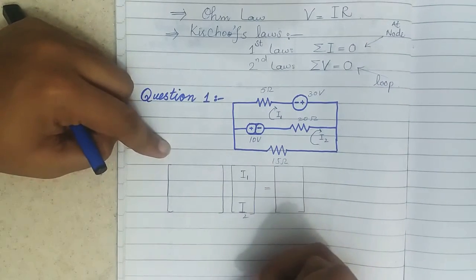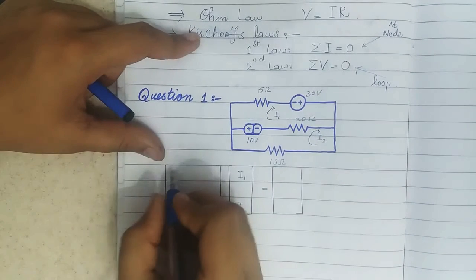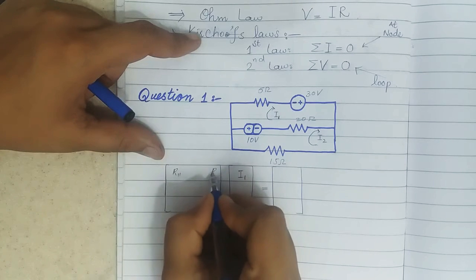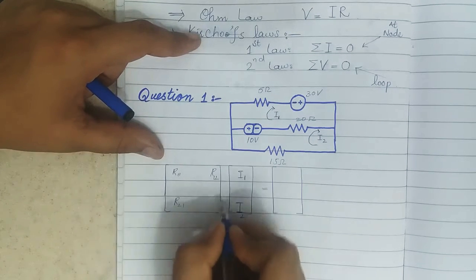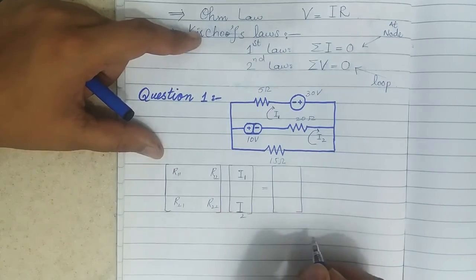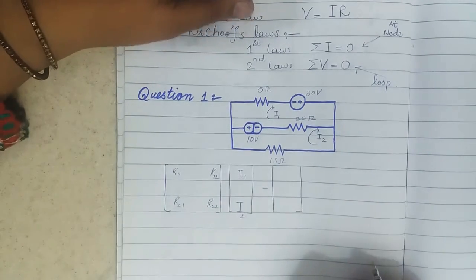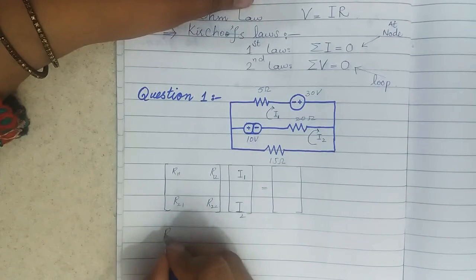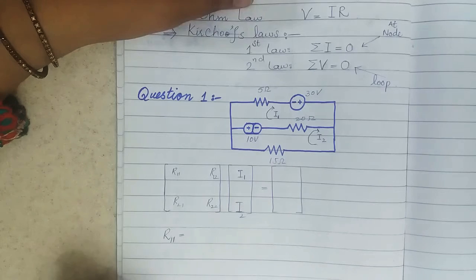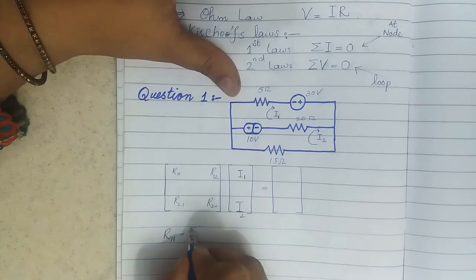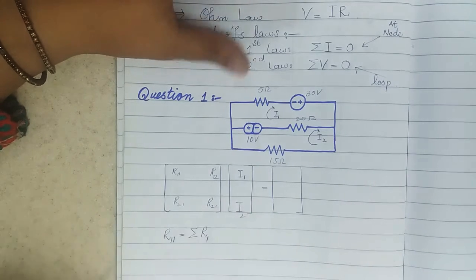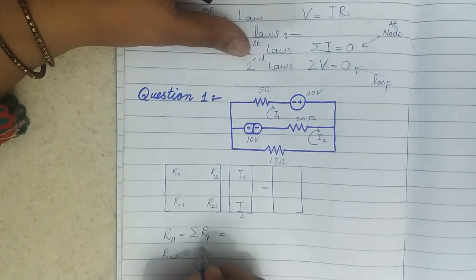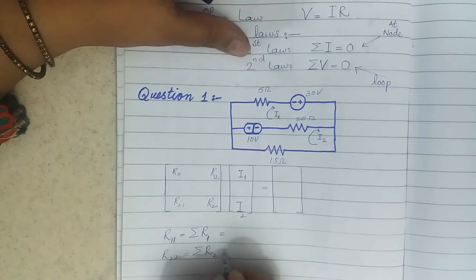To form it as a 2 by 2 matrix, this should be coefficients R11, R12, R21, R22, and there should be some constants. When we are finding R11, R11 is equal to the sum of all resistance in the first loop, and R22 is the sum of all resistance in the second loop.